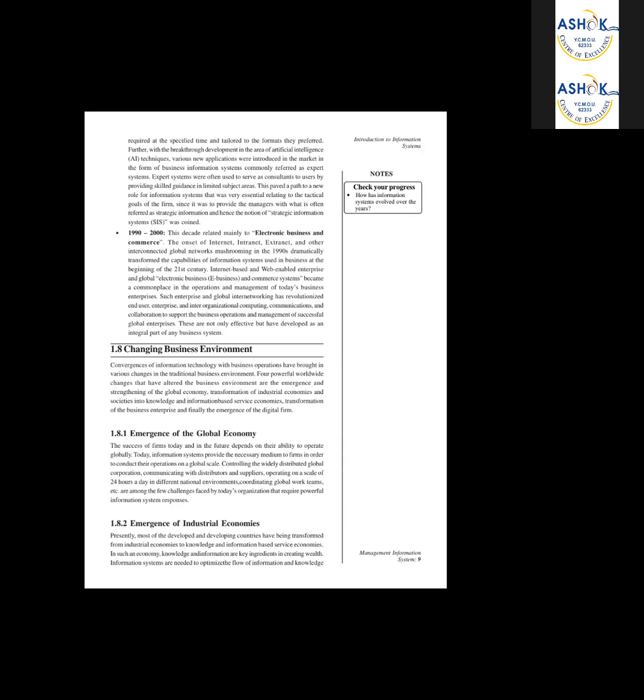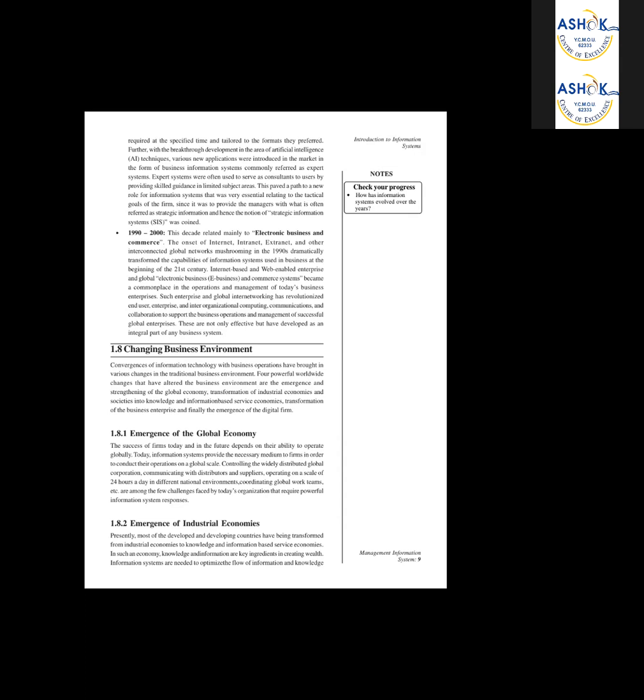Changing business environment. First point is the emergence of the global economy. Global economy means the success of firms today and in the future depends on their ability to operate globally. Today, information systems provide the necessary medium for firms to conduct their operations on a global scale.